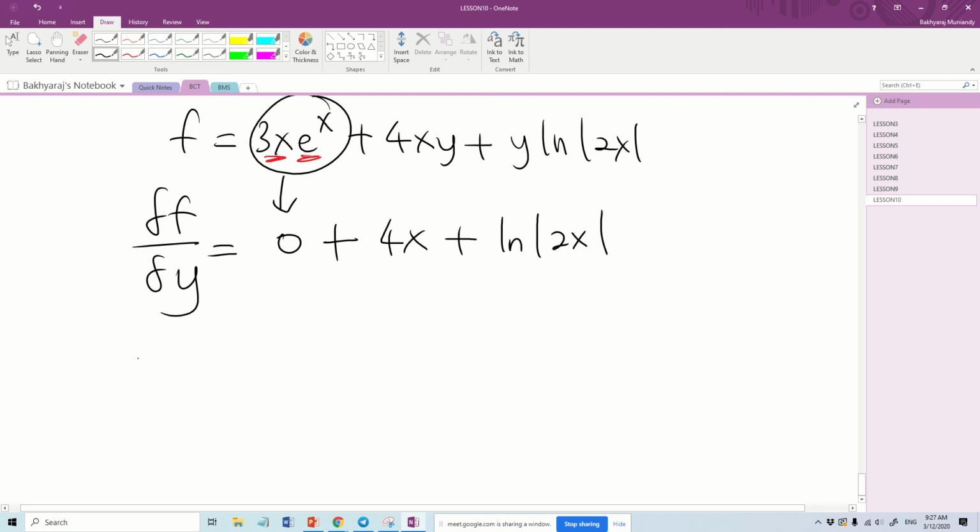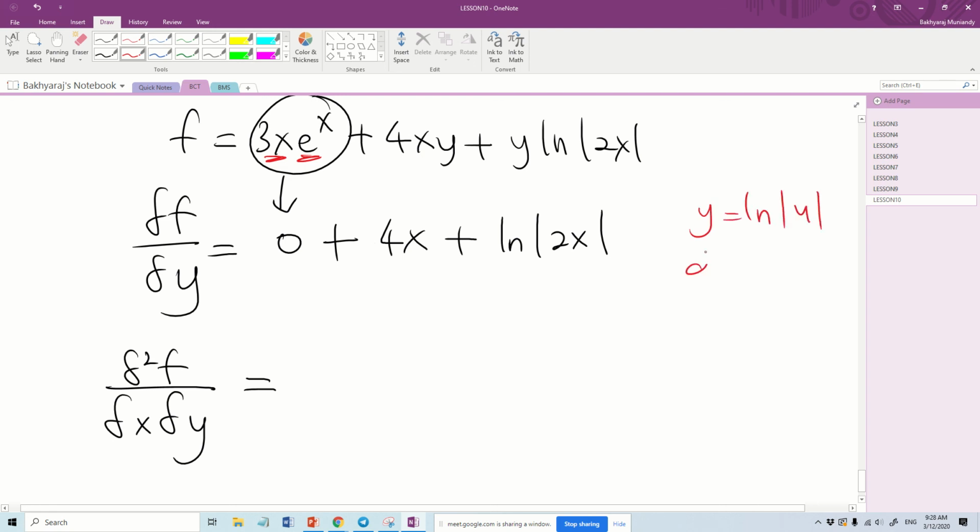Okay, now you go for differentiating with respect to x. The log 2x I need to change to 1 over u. Yeah, correct. Now you differentiate with respect to x, and you get 1 over u times du dx. So this one you must do. y equals log u, dy dx becomes 1 over u times du over dx.